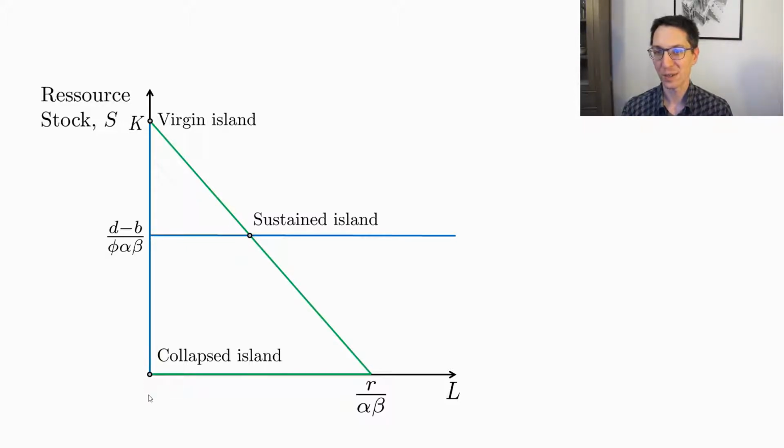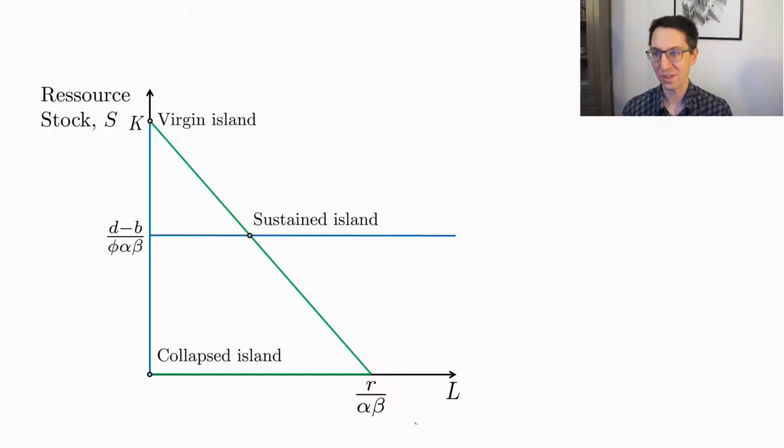And finally, the more positive steady state is the sustained island, in which it is possible to maintain a positive stock of nature and a positive value for L. So we already know that the stock of nature is (d - b) divided by phi alpha beta, and we have already computed the value of S at that point. So these are all the steady states.